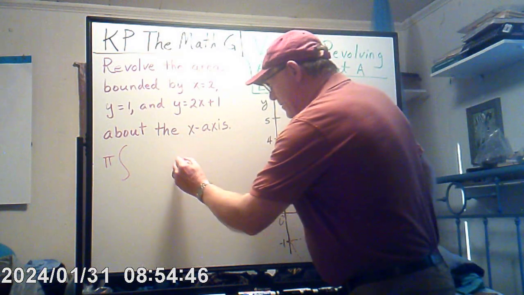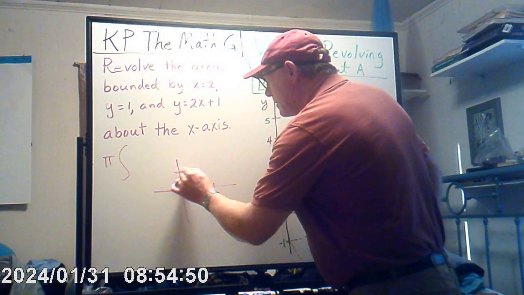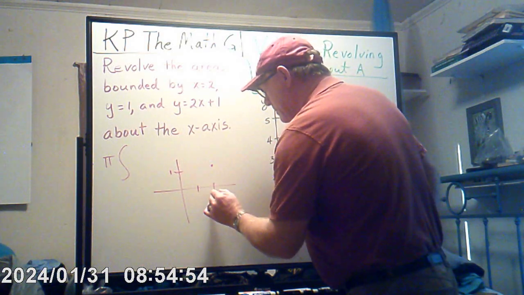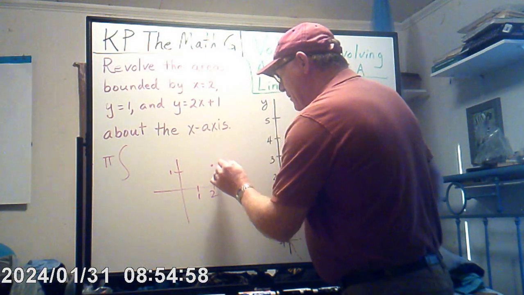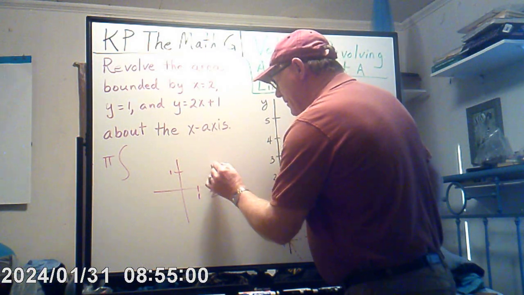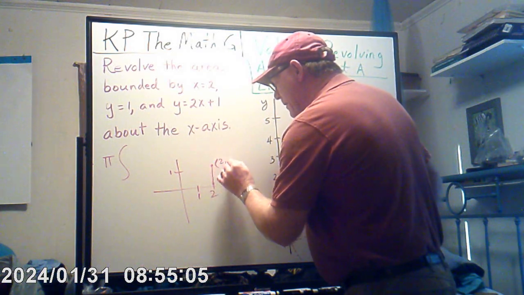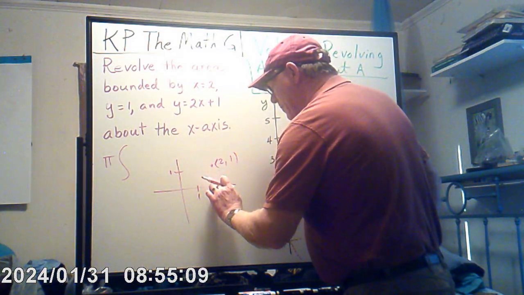Let me show you something, folks. Here's one, here's two. If x is 2, what do we go up to? We go up to 1. If x is 2, we go up one space.